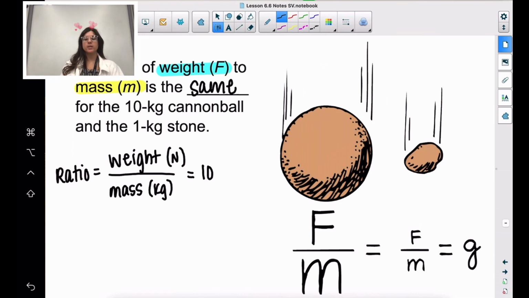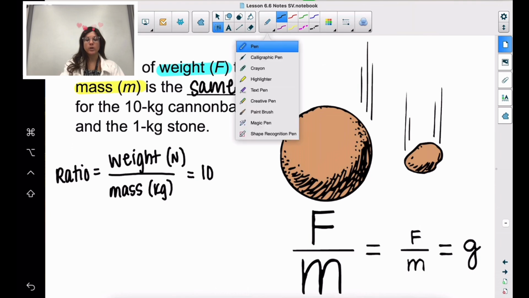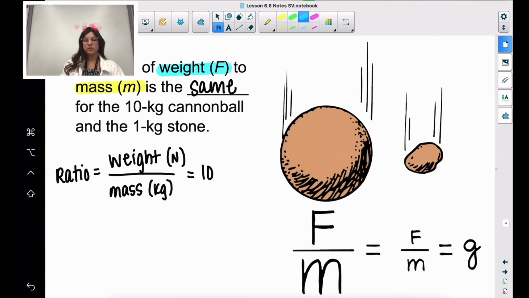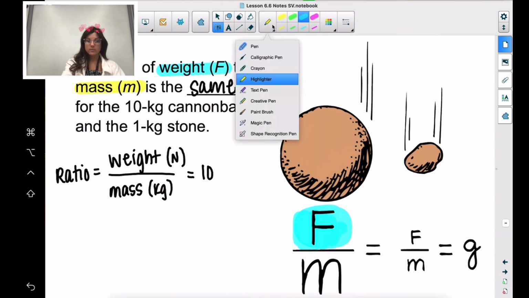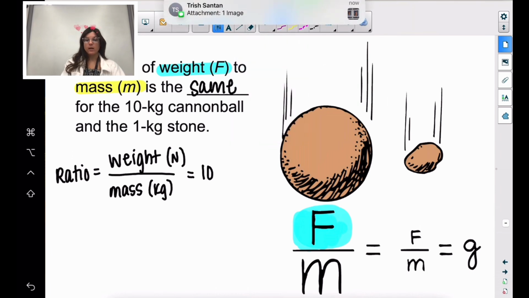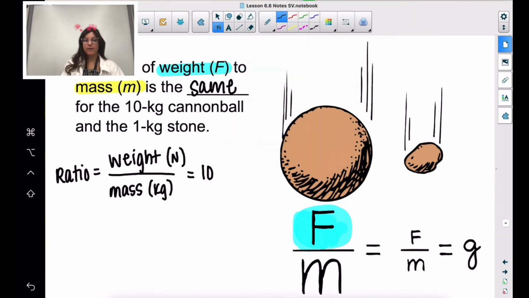But if we think about this in terms of physics, I like to think about it in terms of this push and this resistance. So when I think about the cannonball, I have a lot of force acting on the cannonball.